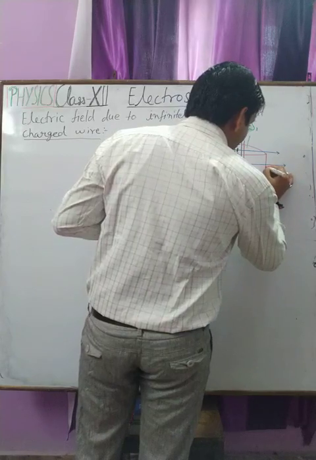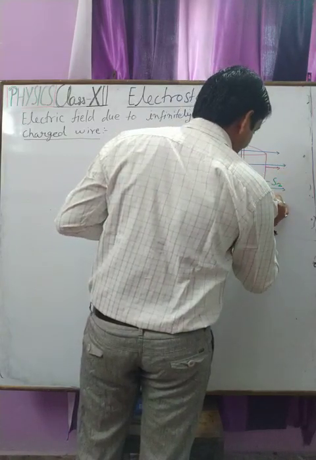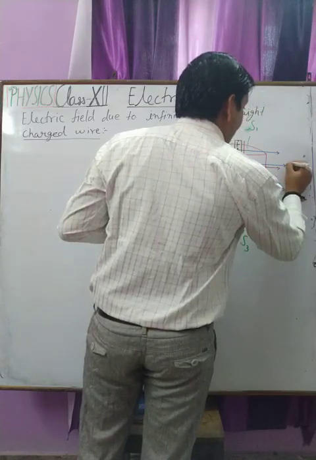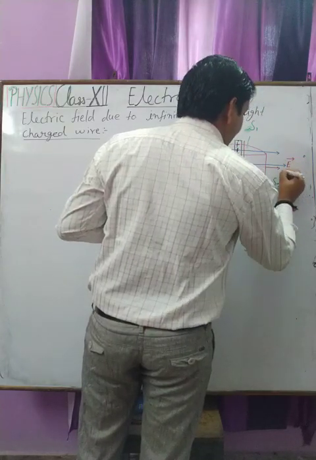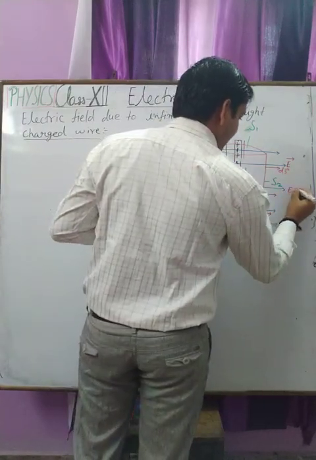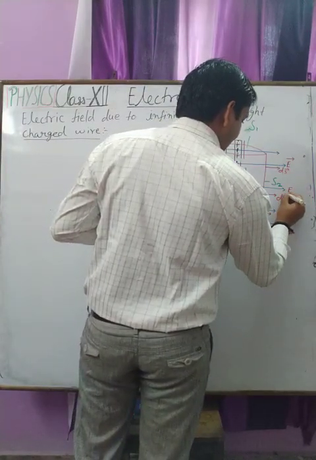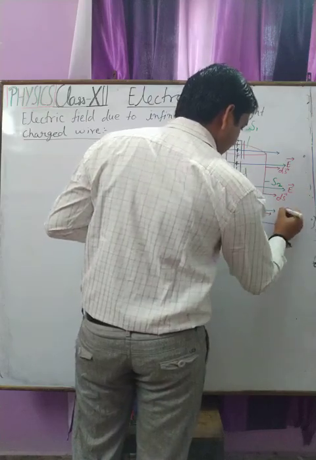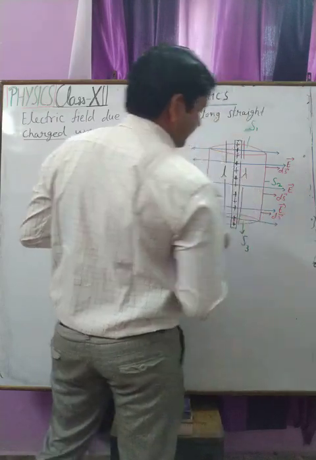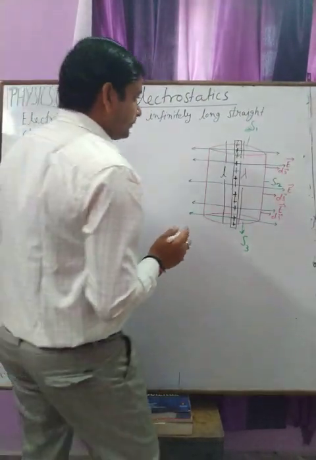Area vector for the curved surface, vector E, vector ds. Okay.